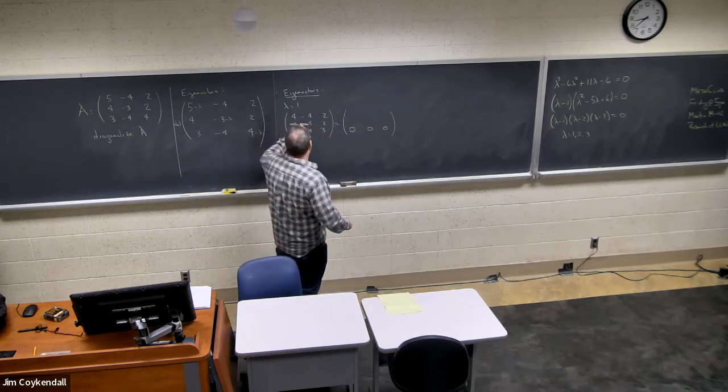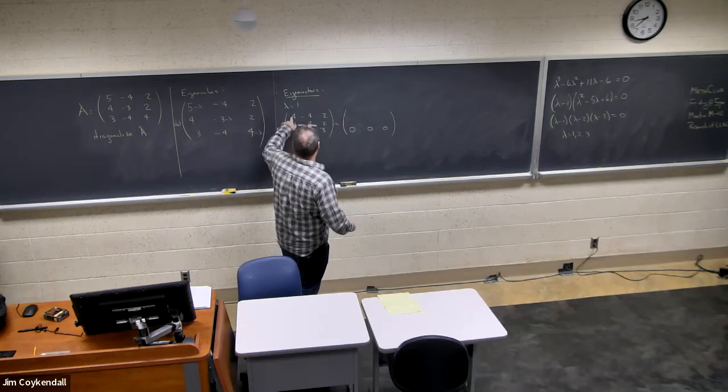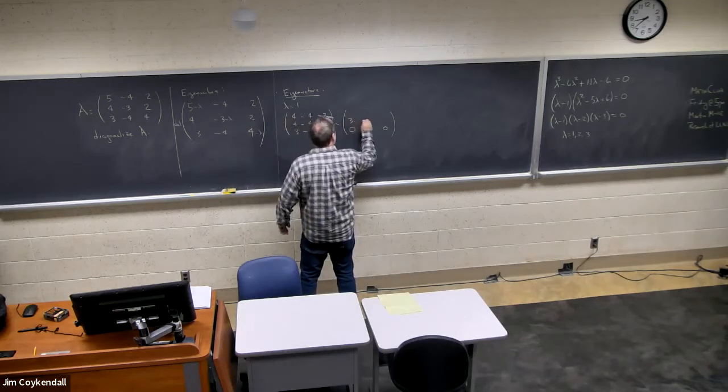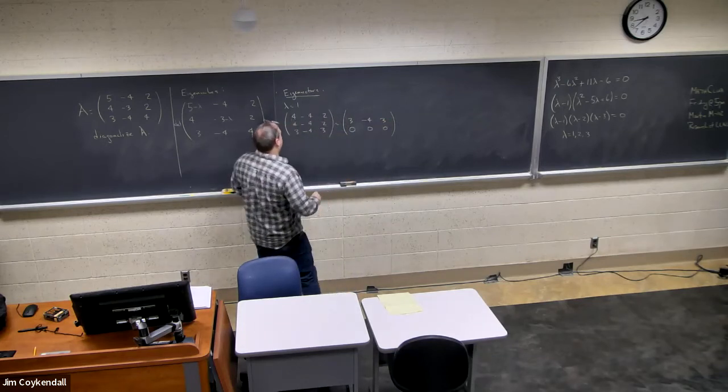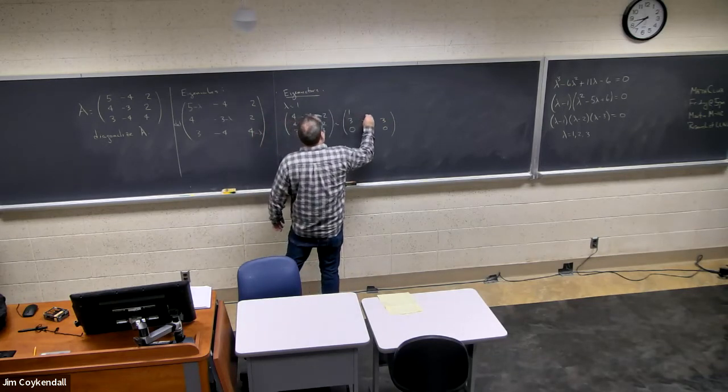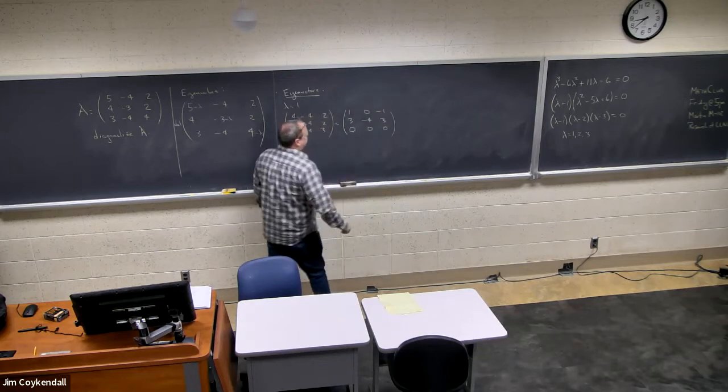And I'm going to add minus 1 times this row to this row at the top. I'm going to put this row in the middle now. Minus 1 times this row at the top: 1, 0, minus 1.